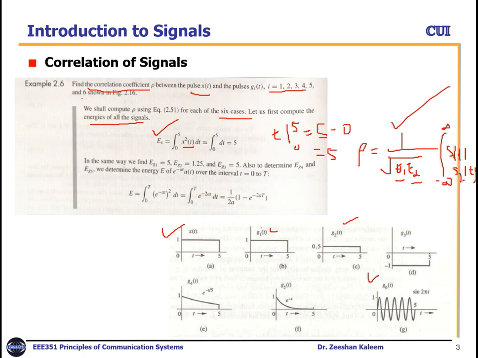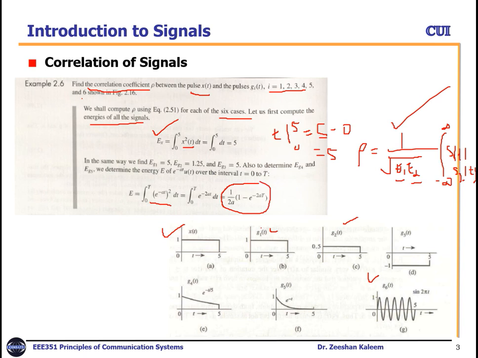Eg3 is minus 1, so we have energy 5. Eg4, Eg5, and so on. For example, there is the energy calculated for e to the minus 2t, and finally this one.